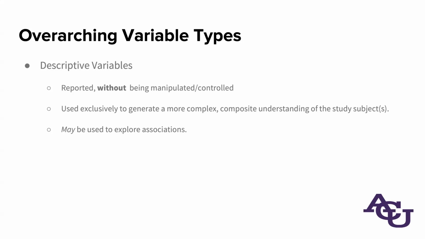We've noticed all sorts of things. And so the fact that you're tracking them, but you can't manipulate them, doesn't mean they don't have anything interesting to tell you. It's just that they are not being used specifically, at least at this point, to try and determine a cause and effect relationship. That's something where if you notice a pattern, then you can do a separate study where one or more of those can be manipulated directly.